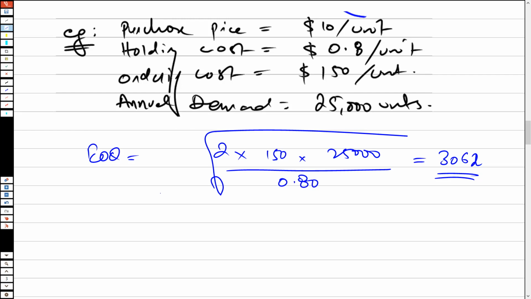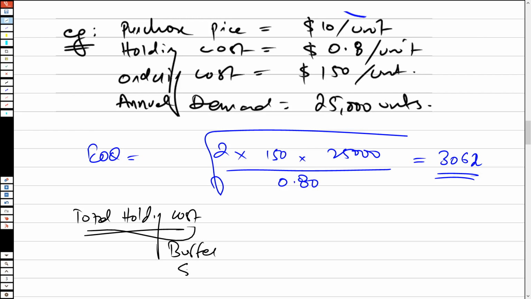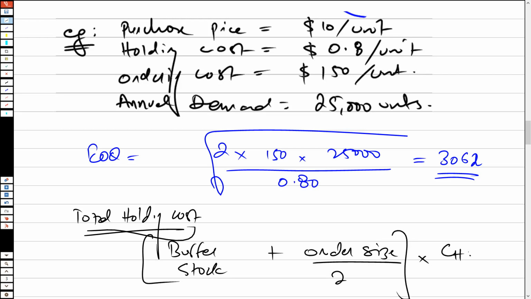Now, what next? This is the economic order quantity. When you do the total inventory cost, there are two important things, and one of them is the total holding cost. The formula for total holding cost is buffer stock plus order size divided by 2, and then you multiply it with CH.